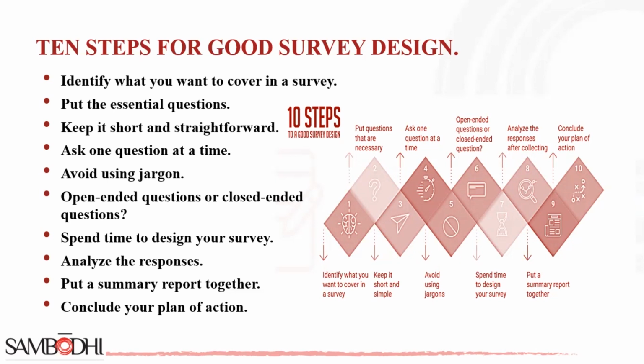Next, ask one question at a time. Branching questions or asking more than one question at a time can confuse respondents and they might not be able to choose the correct option or options from the list of answer options provided.